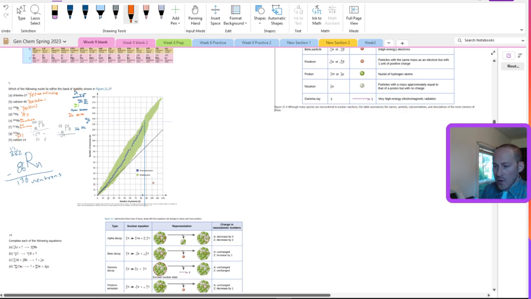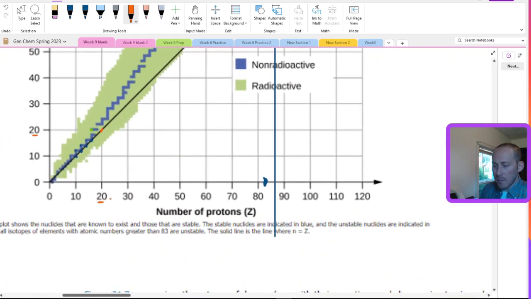And then carbon 14. So these were all yeses. Not all of them lie on the non-radioactive line, but all of them lie within the green. So I don't know about the band of stability. I guess maybe I was wrong earlier when I said the band of stability was the big green thing.